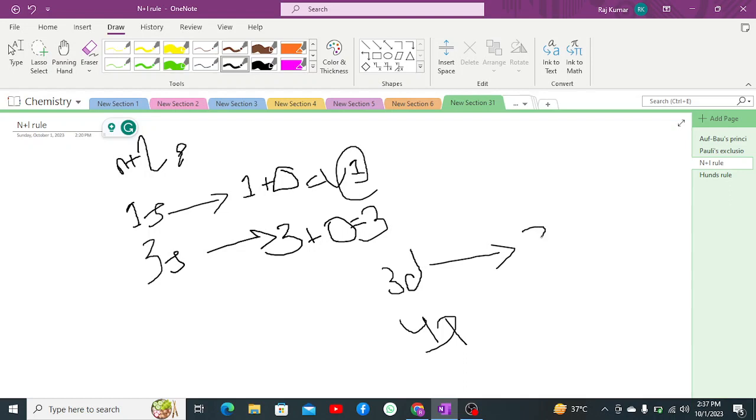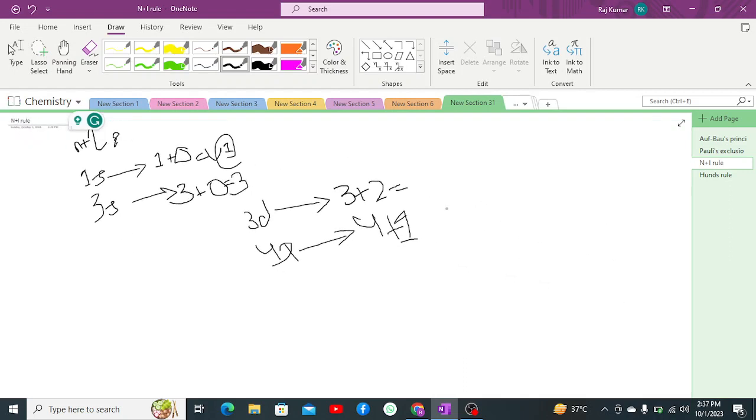Suppose 3d has principal quantum number 3 and azimuthal quantum number 2, and 4p has principal quantum number 4 and azimuthal quantum number 1. When we add them, the answer will be 5.